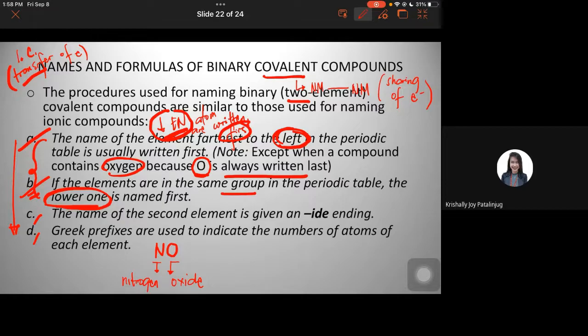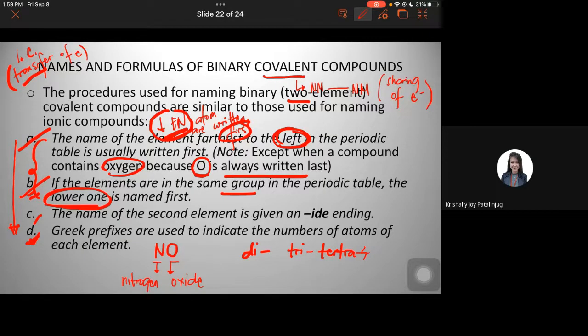And then last, Greek prefixes are used to indicate the number of atoms of each element. Examples of Greek prefixes: di, tri, tetra, penta, hexa, and so on.